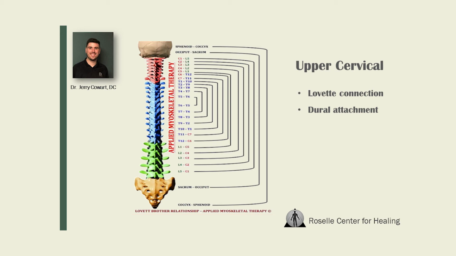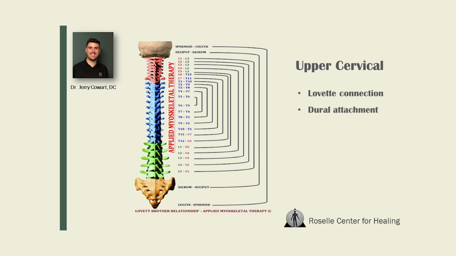Furthermore, we see that the sacrum bone, that triangular bone at the base of the spine that we've been talking about this whole lecture, relates to the occiput. The occiput is the bone that is part of the skull. It's the base of the skull that attaches the skull to the top of the spine.